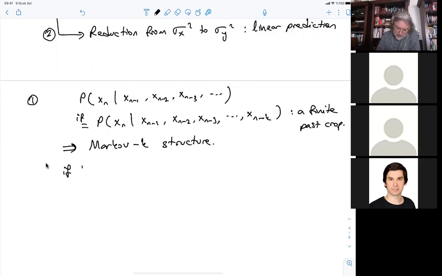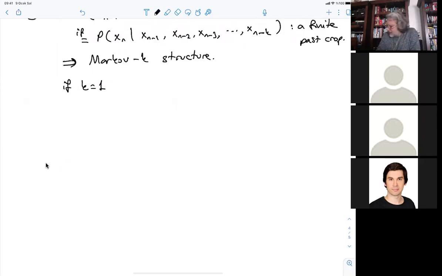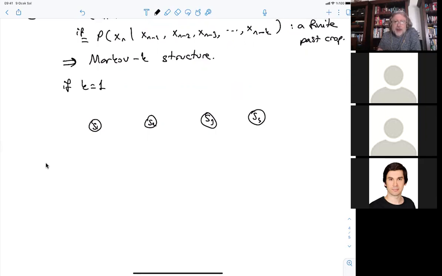If k is equal to 1, then we have this kind of a situation. We have so-called states, S1, S2, S3. These states are S4, etc. These states are not the symbols or bytes or the alphabet that we're talking about.